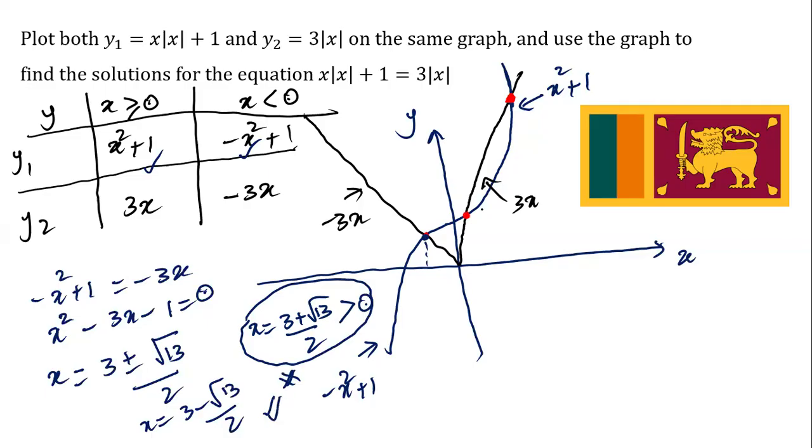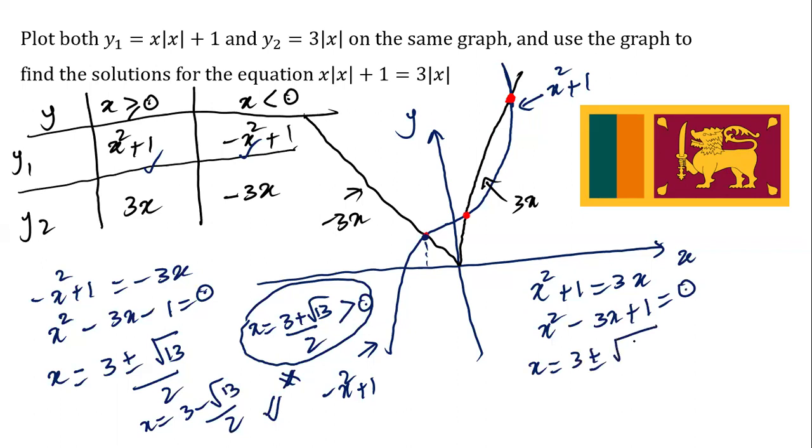Then we need to solve x square plus 1 equals 3x. When we solve this, x square minus 3x plus 1 equals 0. So x is going to be 3 plus or minus root of 9 minus 4, over 2.